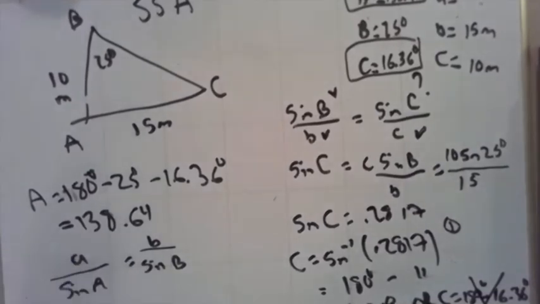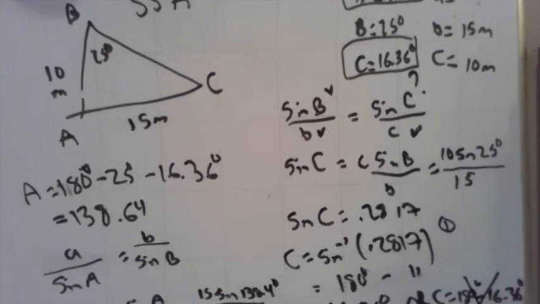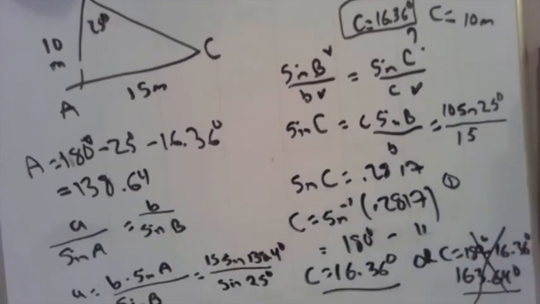So little a, multiply that sine A over, will be 15 sine of 25 degrees divided by, no, sine of A, 138.64 degrees divided by sine of 25 degrees.